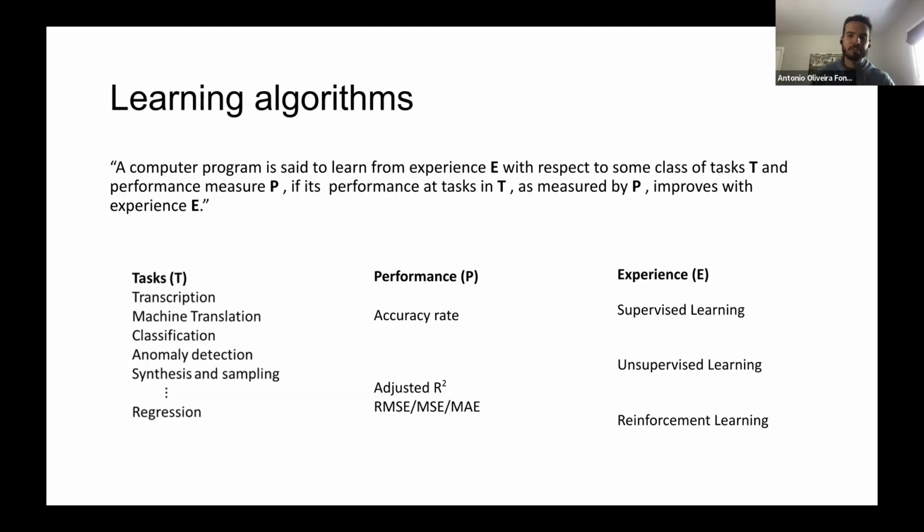The experience essentially tells me the type of labeling that I'm going to be using. If I want to do a regression, I have to do it with respect to ground truth information. So if I have ground truth information, which type of experience am I in? Supervised learning. Excellent. So a computer program is said to learn from experience E, which is supervised learning, with respect to some task T and performance measure P.